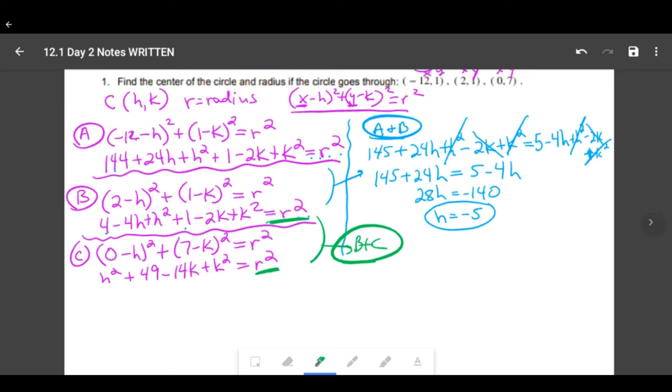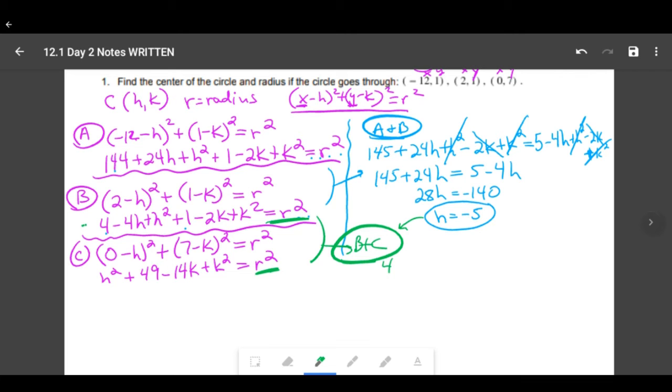But I'm going to do two things here. I'm going to make those two equations equal each other, and I already know what h is. I just figured out that h is negative 5. So I don't need to go through and leave a bunch of h's in there, because that makes it more confusing. Let's start doing some substitution. So if I were to take my equation, I'm going to say I have 4.